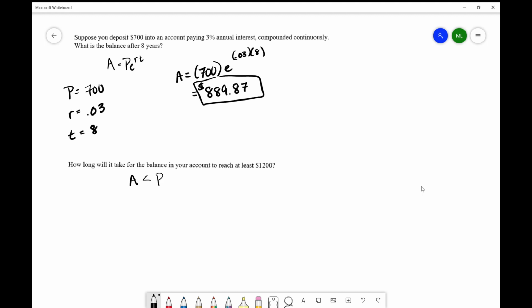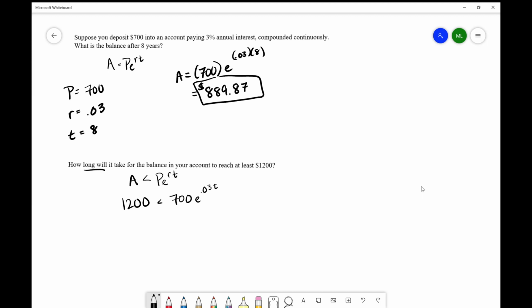So I want my pert function to be bigger. So I want 1,200 is less than or equal to, we have our principal, which was 700. So let's plug in what we have, e to the power of 0.03. And then we don't need 8 years because we want to see how long it will take this time. So t is in question.